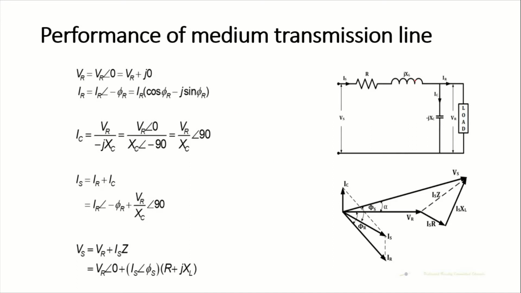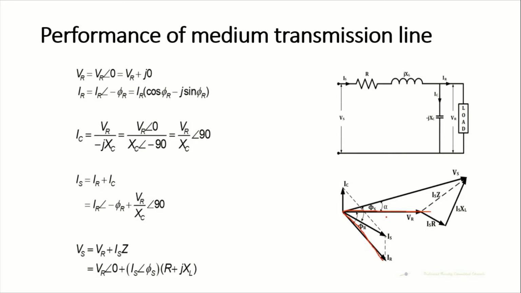Now, due to the series reactance and the shunt capacitance, IR lags behind the voltage VR by some angle, which is called phi R. Clear? So this line is VR and this line is IR. There is an angle between VR and IR.